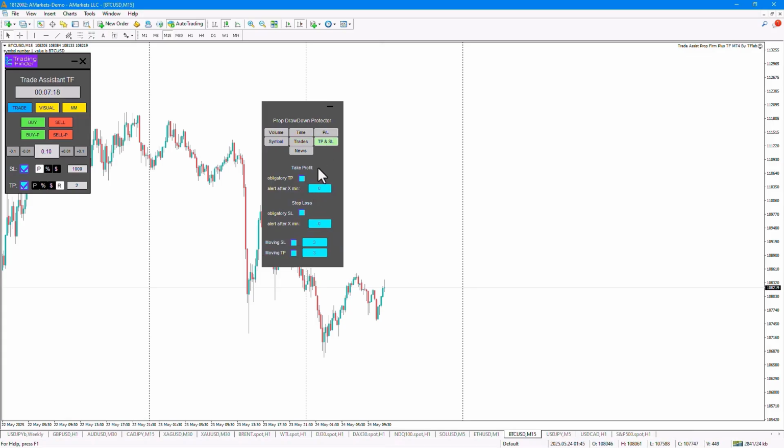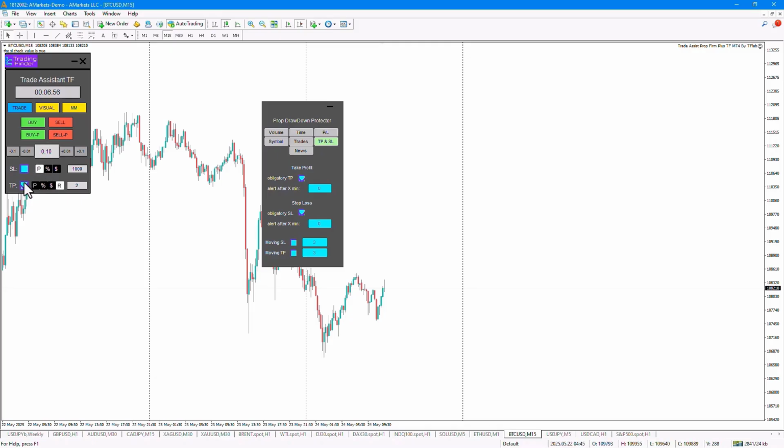The next tab is related to the Take Profit tab and setting the stop loss. And if we activate these two options, if our trade does not have a take profit and stop loss, it will issue a warning for us.